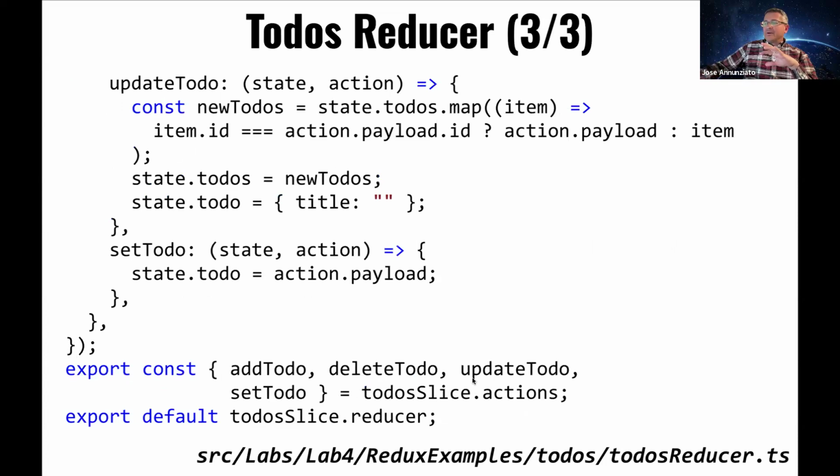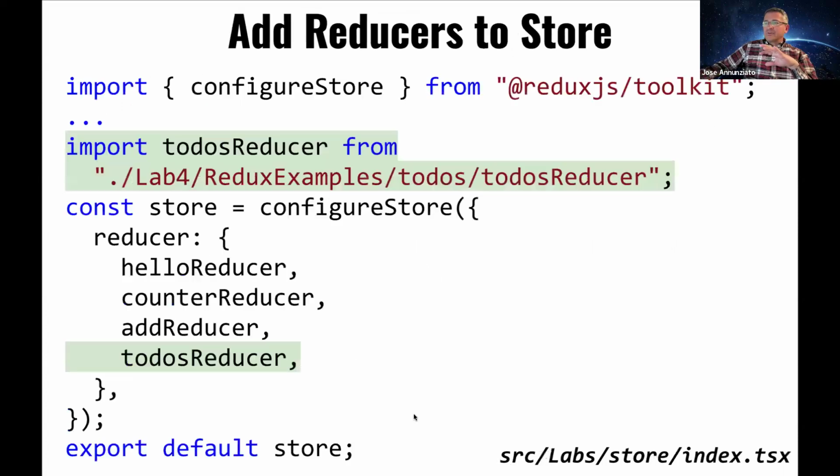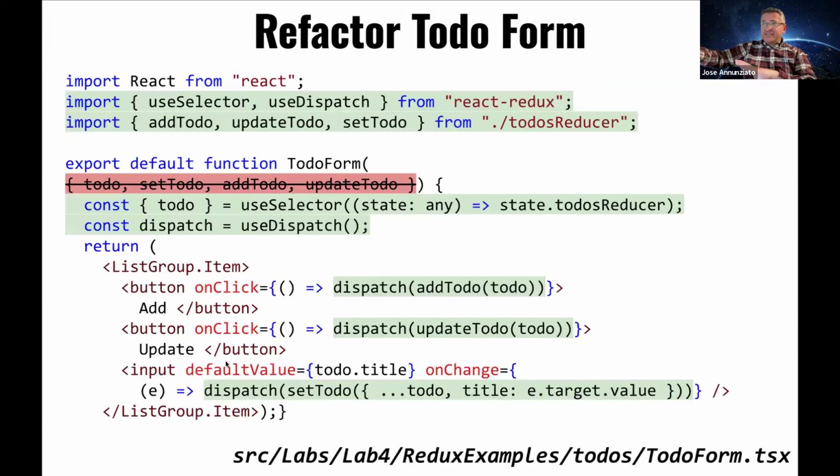We export all the actions. We export the reducer. We add it to our store. There it is. And now we can go back and revisit our to-do list, our to-do form, our to-do item. And instead of having to pass references to the mutators and references to the state variables, they no longer live in our parent.